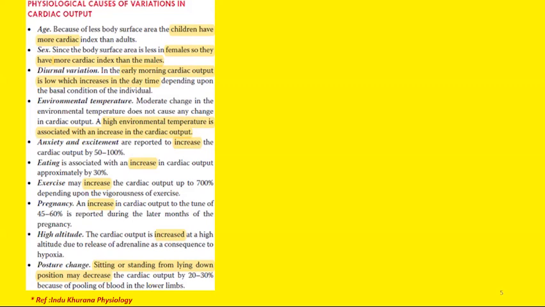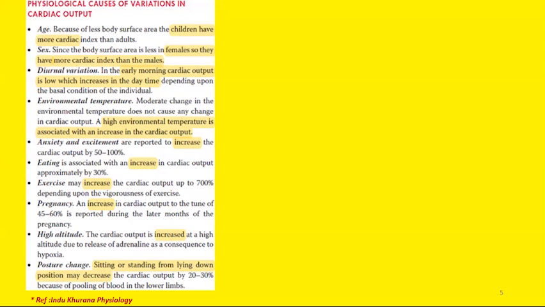As far as cardiac output is concerned, there is diurnal variation. By diurnal variation, we mean cyclical changes during the day and night time. For example, during the early morning period, the cardiac output is slightly on the lower side, and it progressively increases as the day passes, and it all depends on the basal metabolic condition of that person.